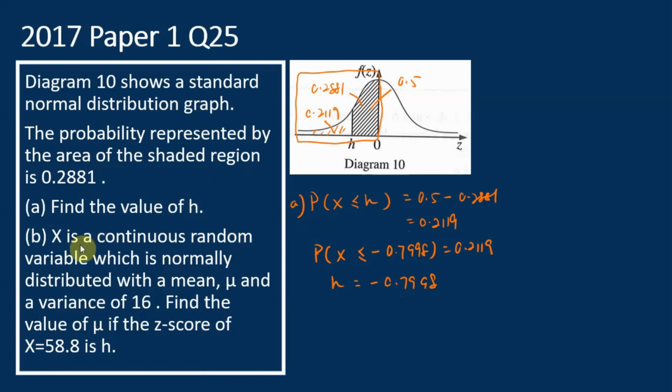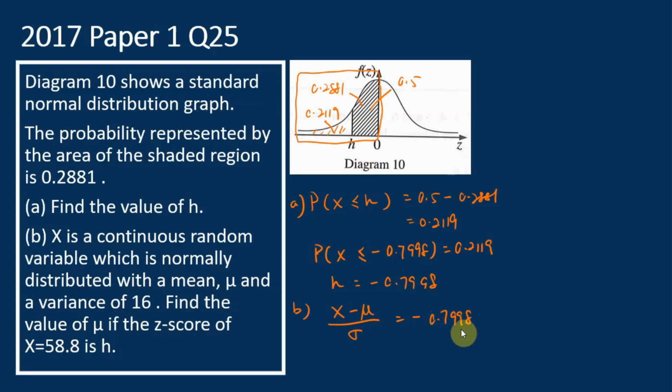Now let's see B. X is a continuous random variable which is normally distributed with a mean mu and a variance of 16. Find the value of mu if the z-score of X equal to 58.8 is H. We know that the z-score is equal to X minus mu over the standard deviation, and this is equal to negative 0.7998.